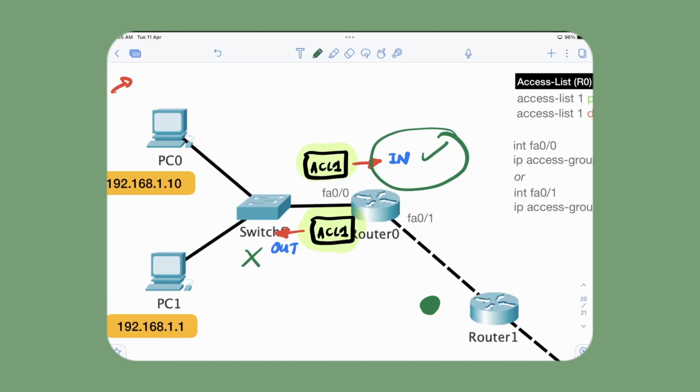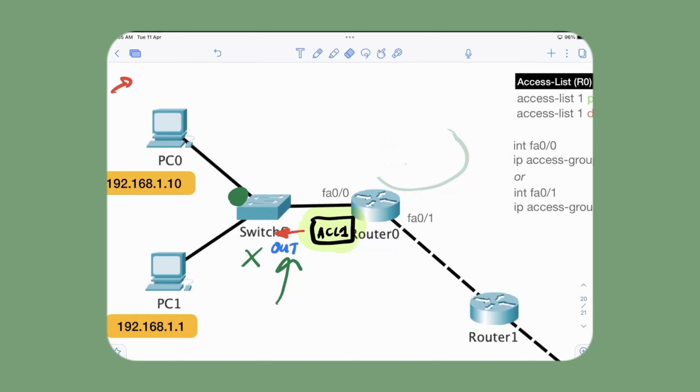This is correct. You cannot put out, because if you put out, see, now imagine what happens if I put it in the out direction. Let me erase the whole thing.